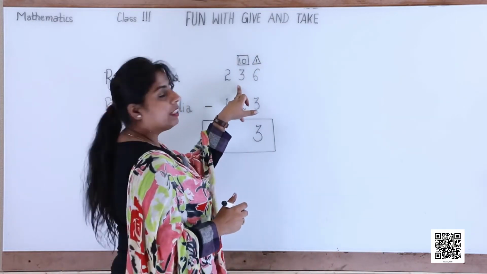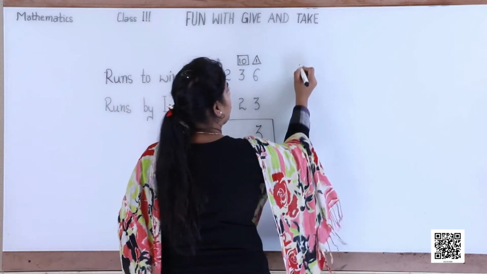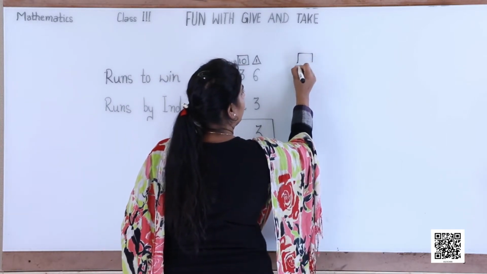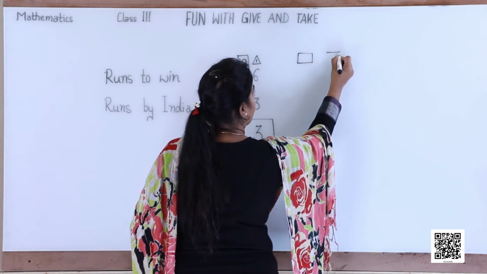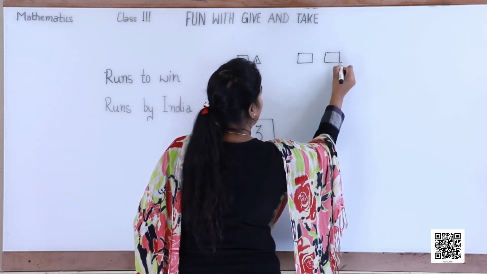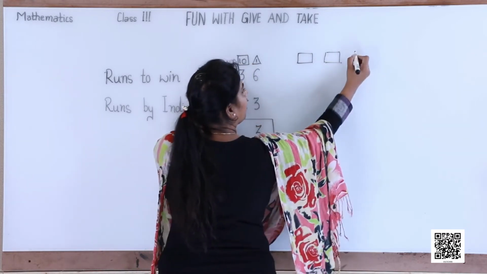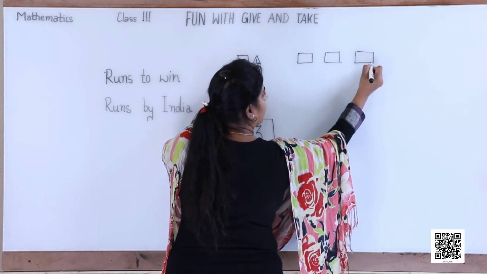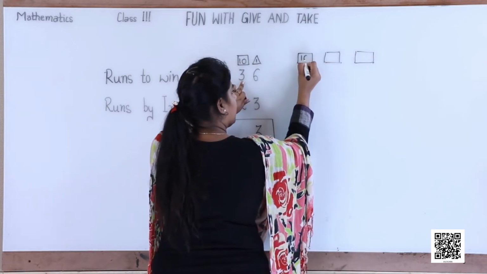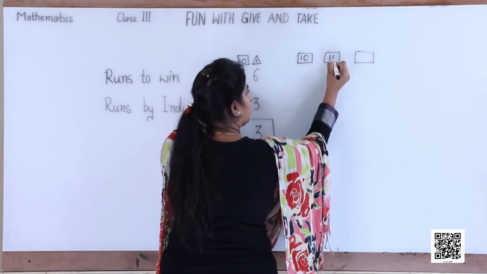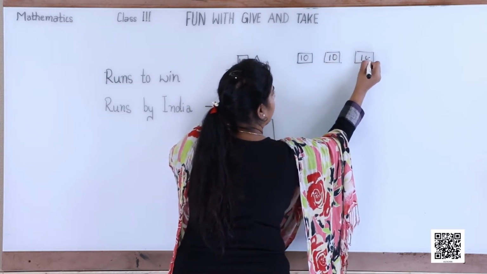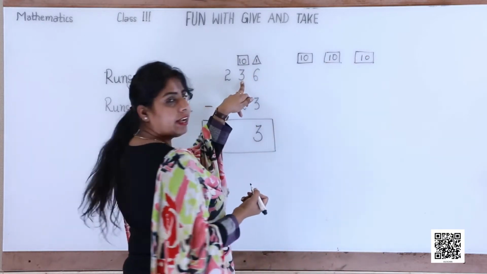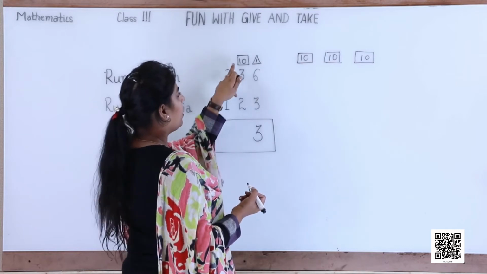So now in the tens place, how many tens do we have? 1, 2 and 3. So this is the first tens, this is the second tens, and this is the third tens, right? Can you see in the tens row?